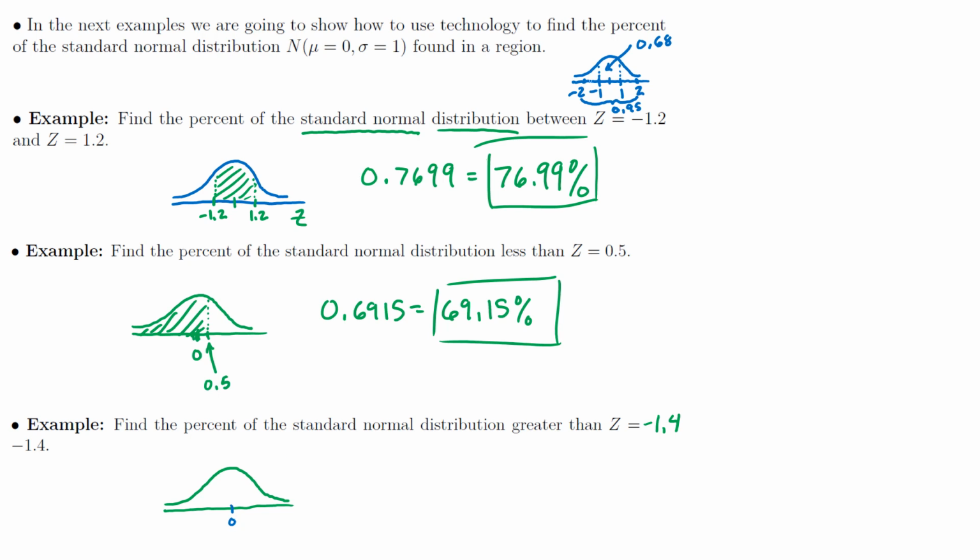It's good to just think back to the 68-95-99.7 rule. I'd want to put -1.4 in a spot about equivalent to this place right here on my sketch at the top. So I might put it right here. But we want to go greater than that.